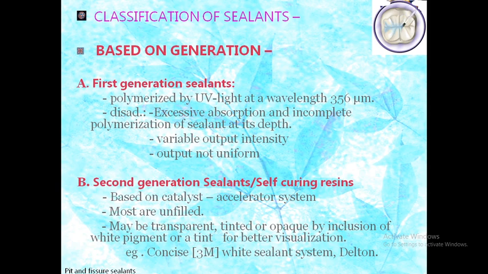The second generation is self-curing resins, based on a catalyst that acts as an accelerator system. It is mostly unfilled and may be transparent, tinted or opaque by inclusion of a white pigment or a tint, done for better visualization.